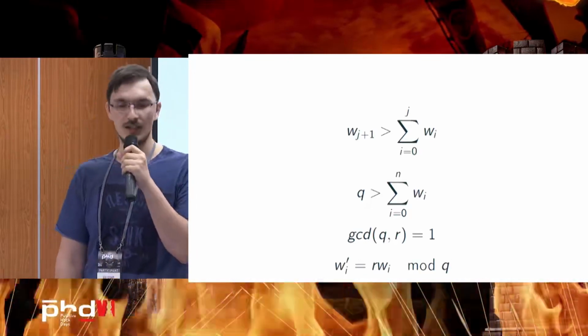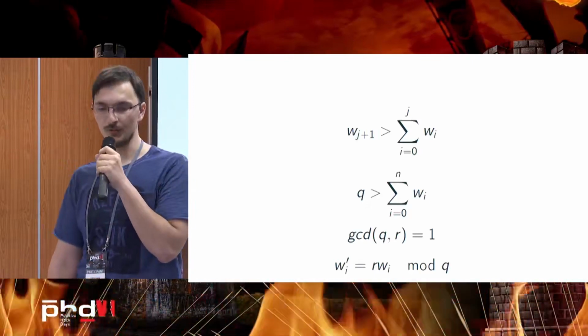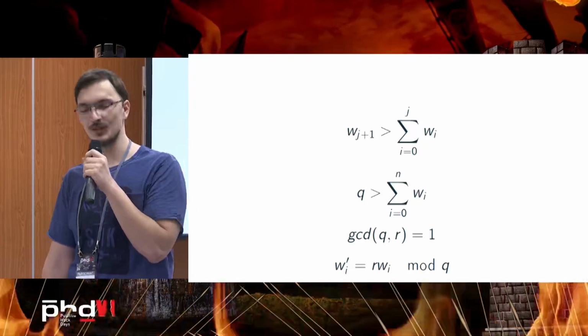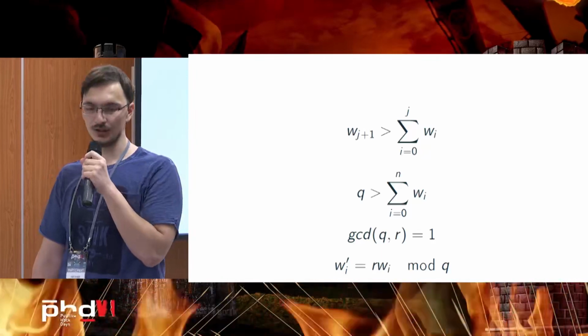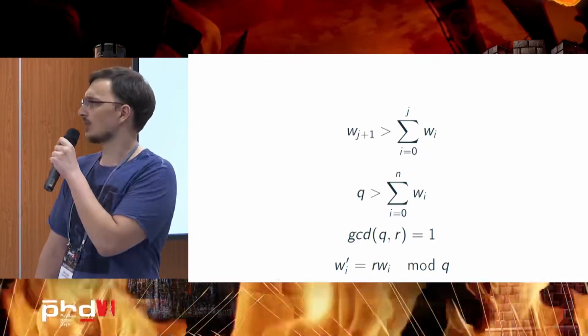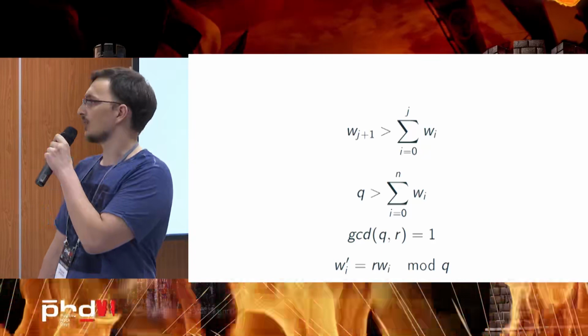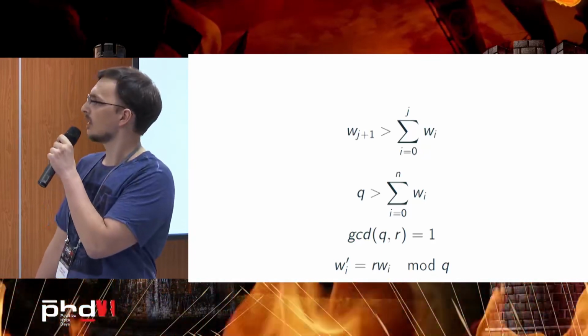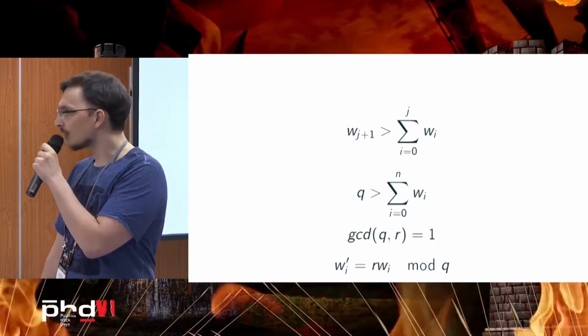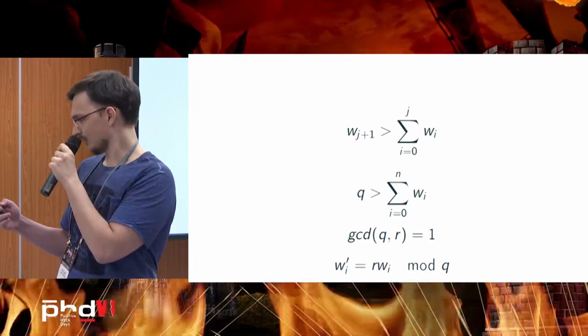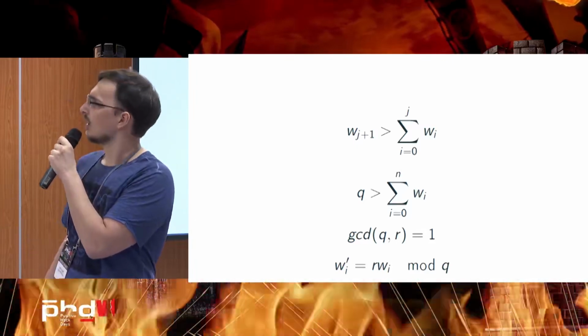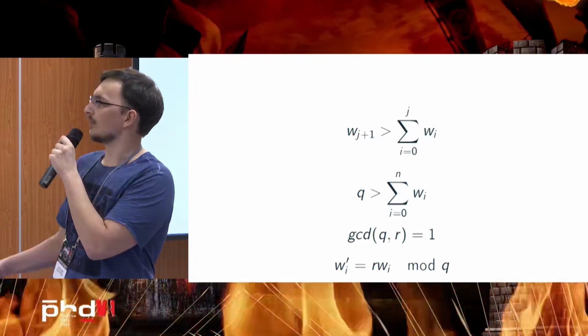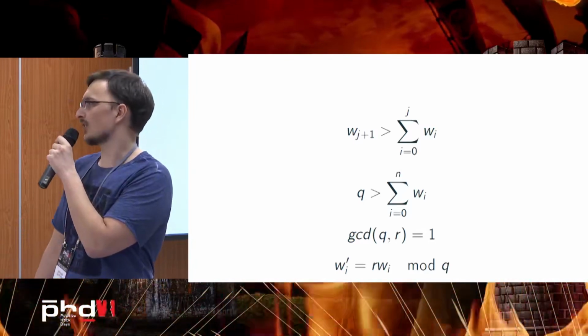In the early 1970s, Merkle and Hellman came up with one of the cryptographic solutions with the open key, and they used an additional number of weights.